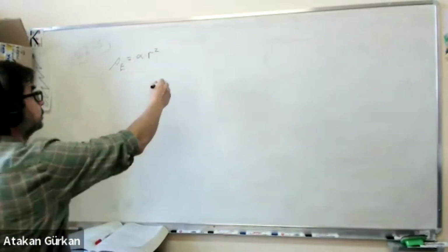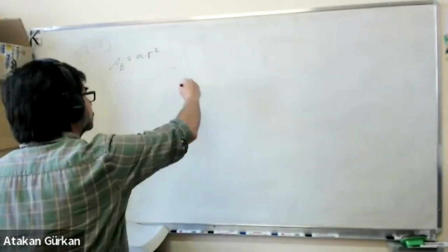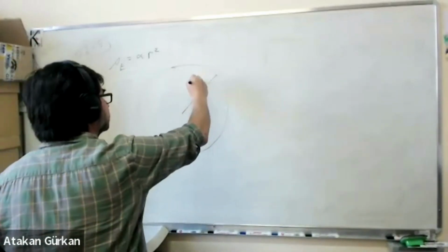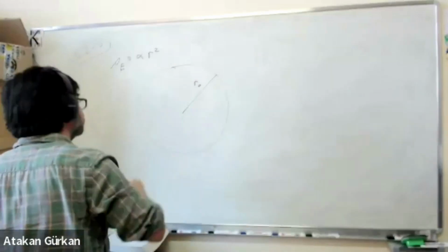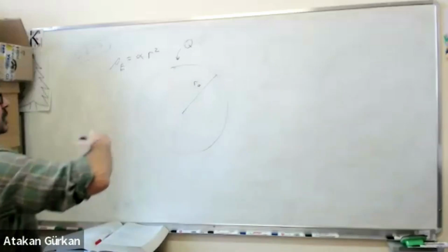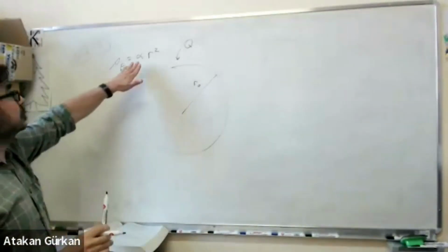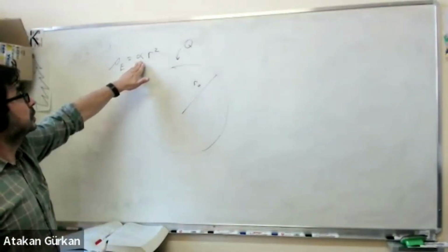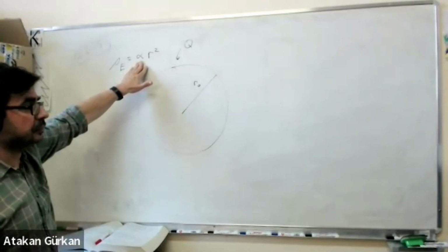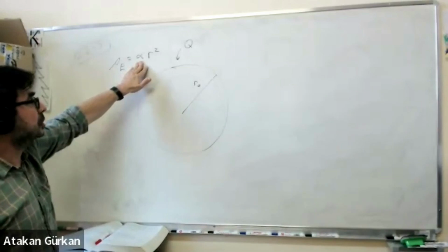So I have a sphere of radius R0 again, and of charge Q again. But now the charge is not uniformly distributed, but it's distributed in some sense proportional to r squared. The density of the charge is proportional to r squared.